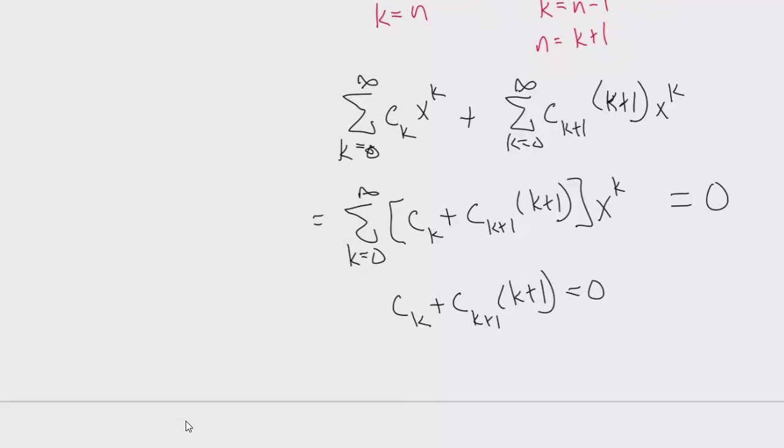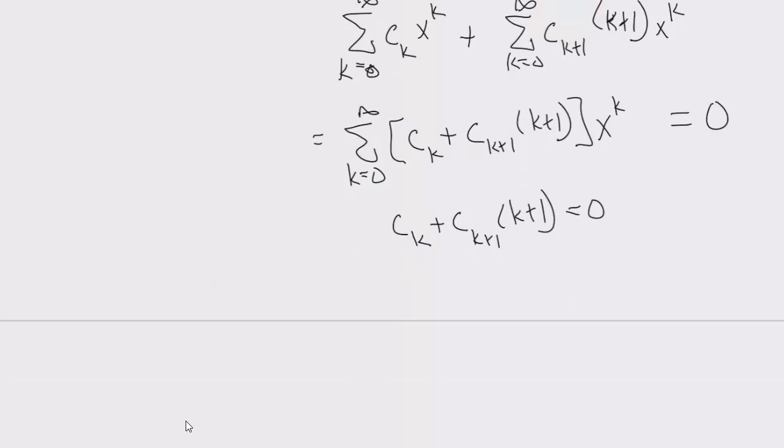Okay, so I can then rewrite this in terms of, say, c sub k plus 1. So c sub k plus 1 would be negative 1 over k plus 1, times c sub k. And we're going to do some substituting here in a second. So k itself starts at 0, and then 1, and then 2, and then 3, and so on.